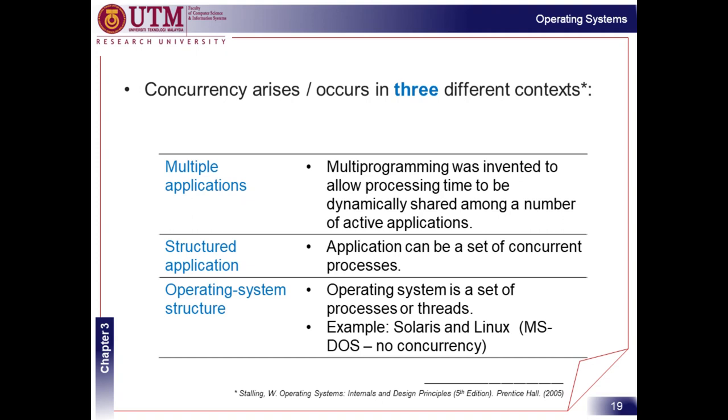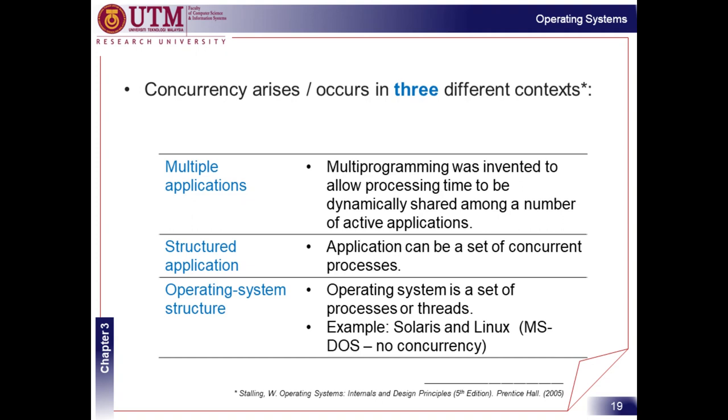For example, a web browser may have one process for rendering the web page, another for downloading images, and another for handling user input. The third context is operating system structure. This is when the operating system itself is composed of a set of processes or threads that perform various functions.